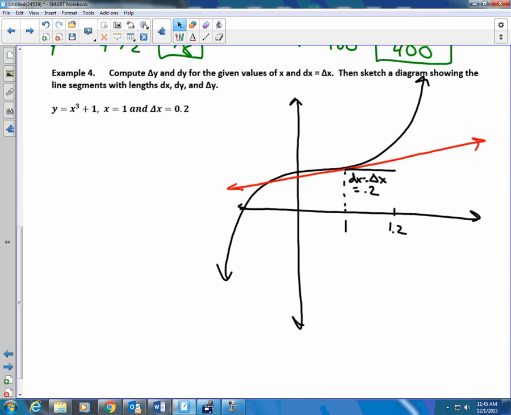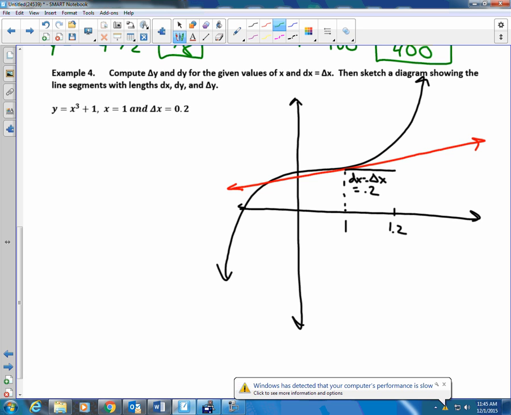So what do you want to draw now, dy or delta y? Okay, we'll go delta y. You tell me. Does delta y go to the black curve or the red line? Which is it? Why does it go to the curve?